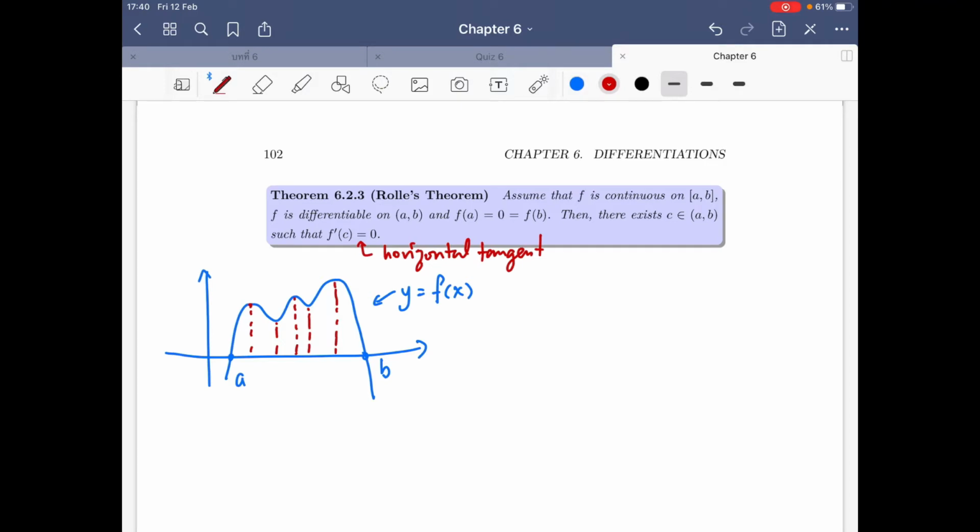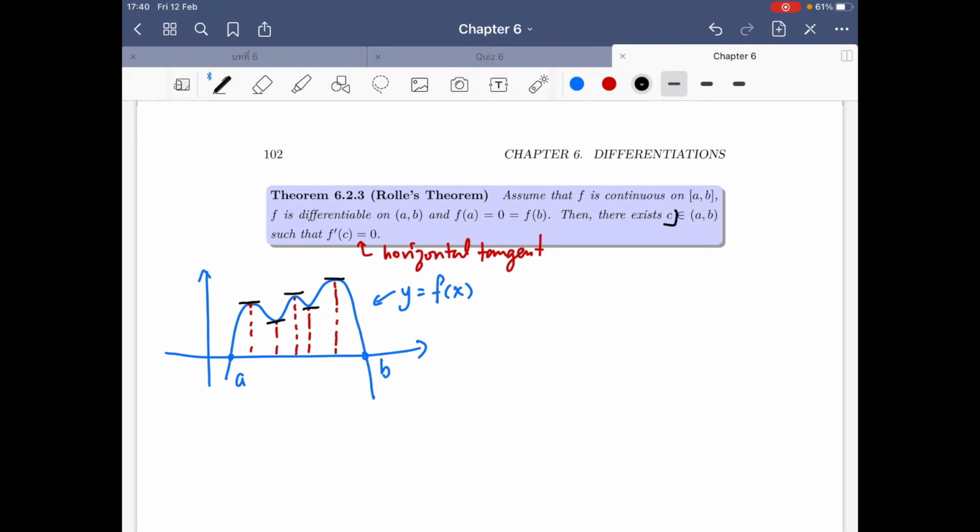From this picture we can actually find several places, here, there, and there, where the tangent is horizontal and the derivative at those particular points equals 0.